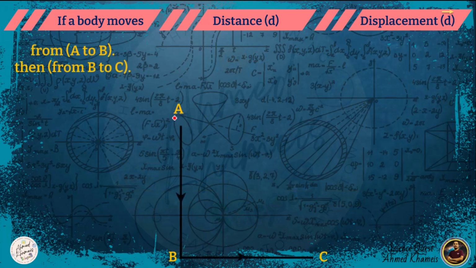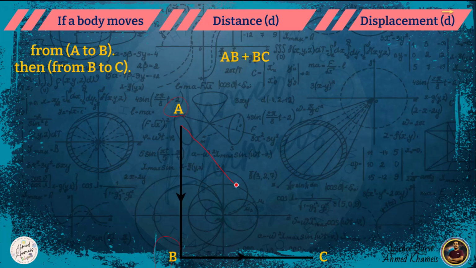If the body moved from A to B and then from B to C, the distance is the actual length, so it will equal the length from A to B and then from B to C. And the displacement is the straight line in a certain direction from starting point to end point.